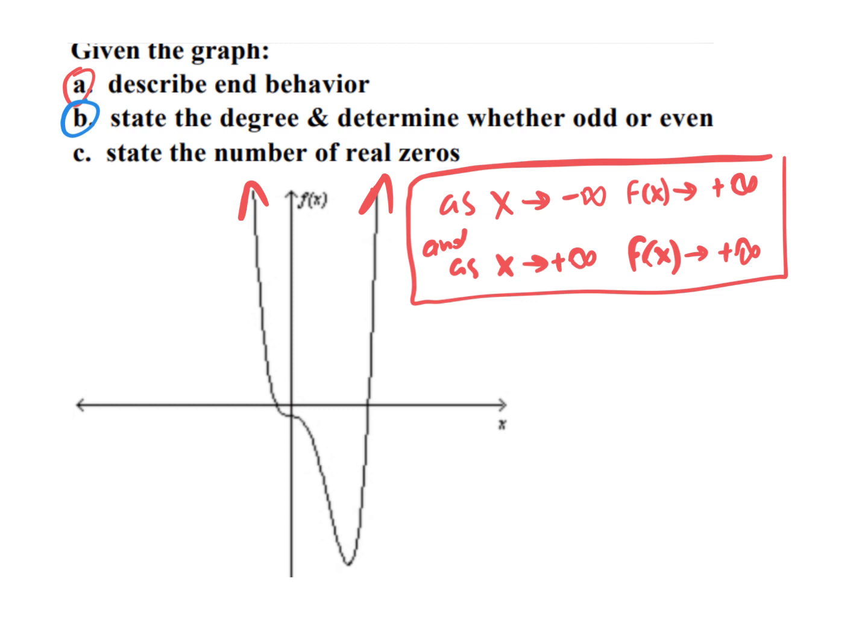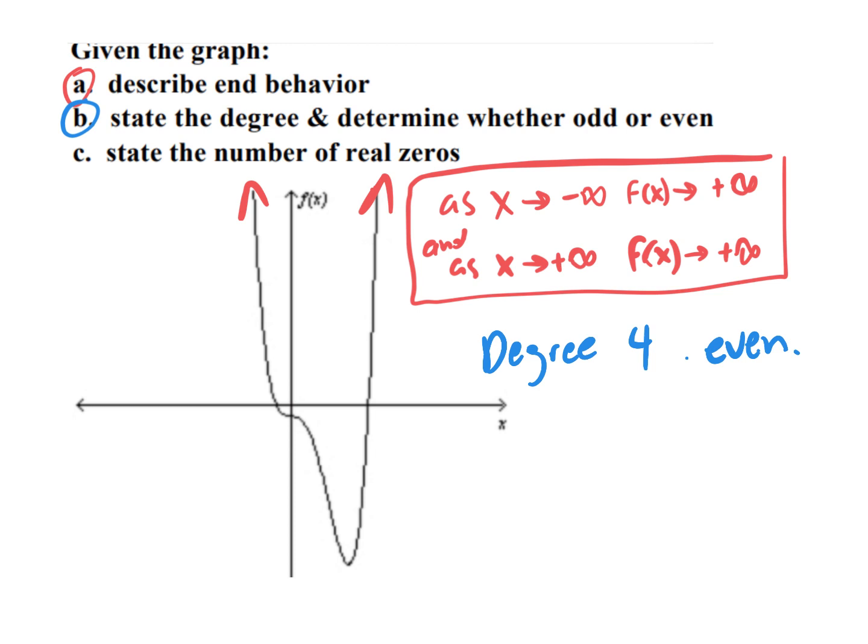But they don't even tell us, they just say state the degree, and determine whether it's odd or even. Well, obviously it's 4, it's gonna be even. Why? Because it goes 1, something happens there, 2, 3, 4, okay? And we know it has to be even because both end behaviors are up on top. So we have the degree 4, and it's even, of course.